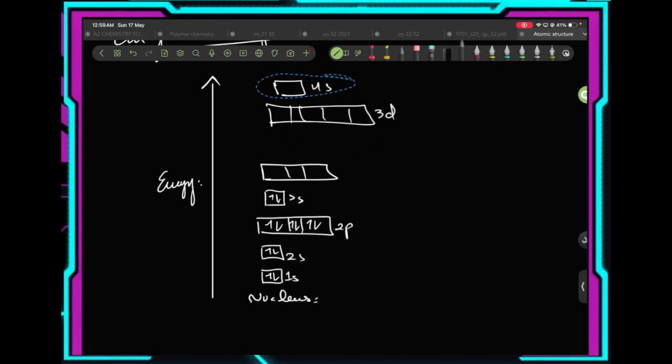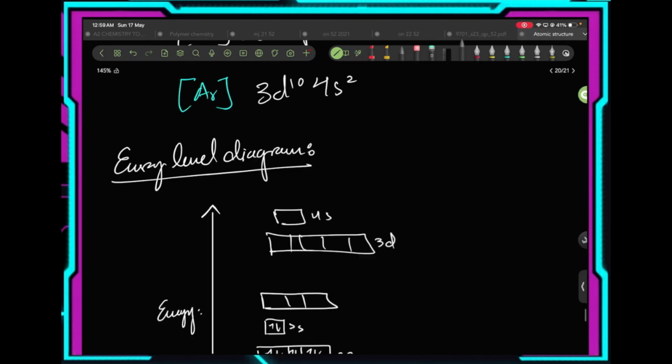You flip them at the end. Now what do you see happening? After this flipping, 4s went to higher energy and 3d came to lower energy because it came closer to the nucleus, like we said before. Clear? Okay.